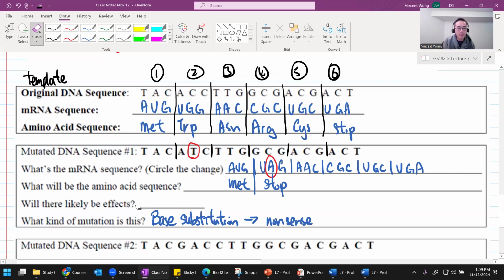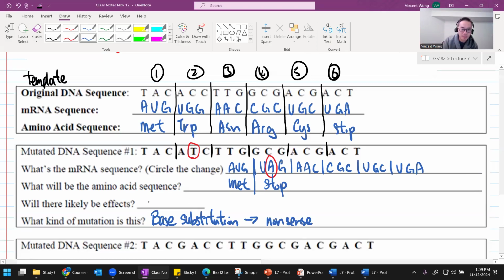Will there likely be effects? Absolutely, right? Because where is the protein? It's not there. It's just one amino acid floating around. It's like the protein is gone.